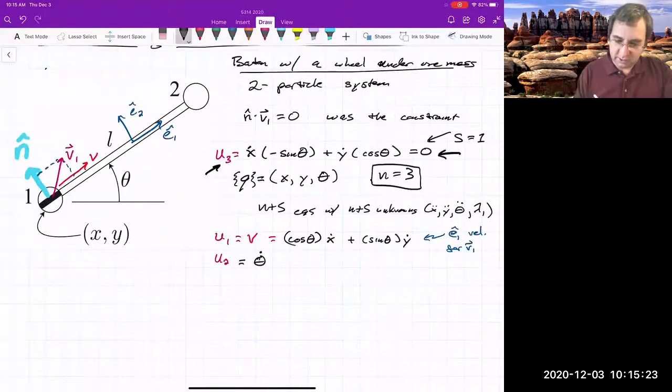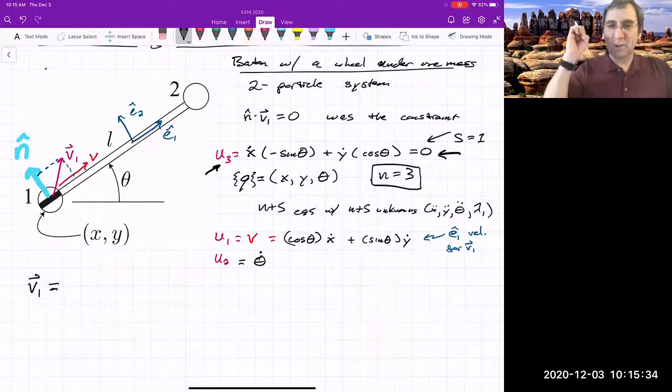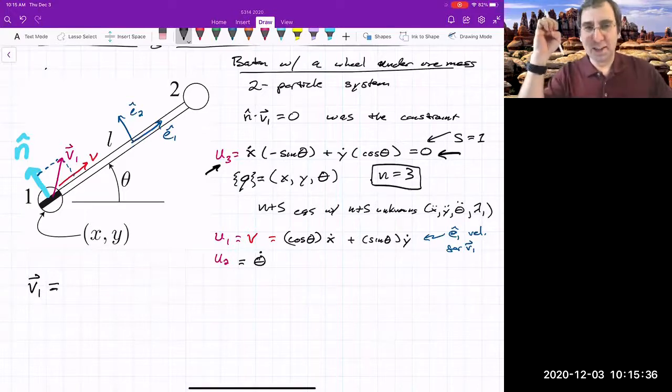So what is the velocity of particle 1? This is where it's different from the Lagrange multiplier approach, because now you're writing the velocity given the constraints.